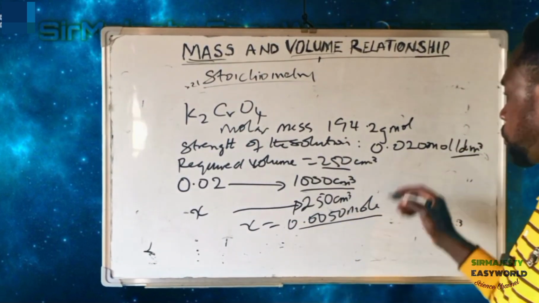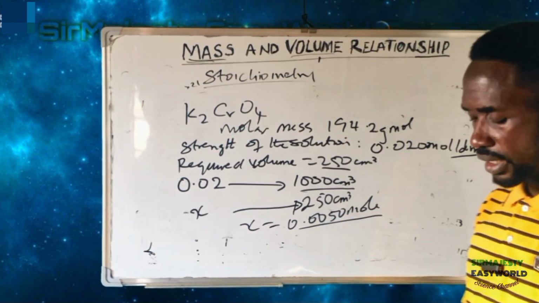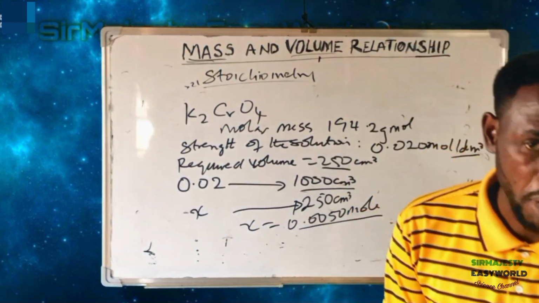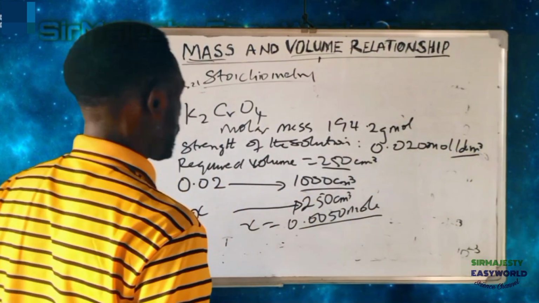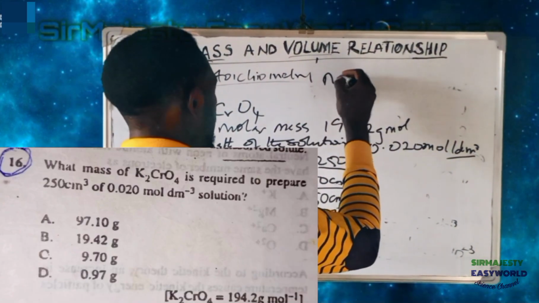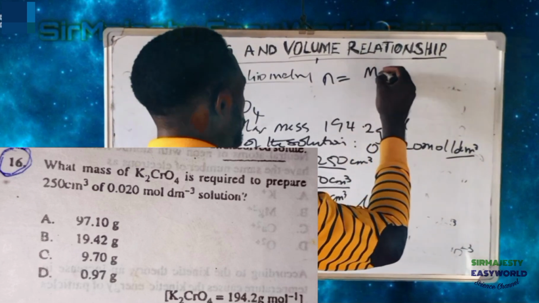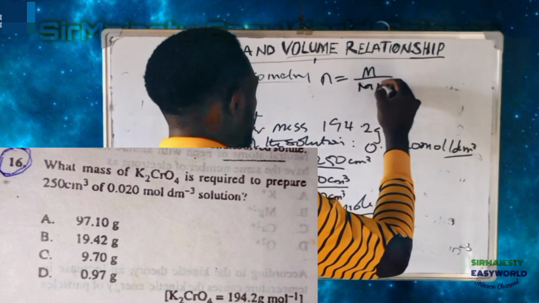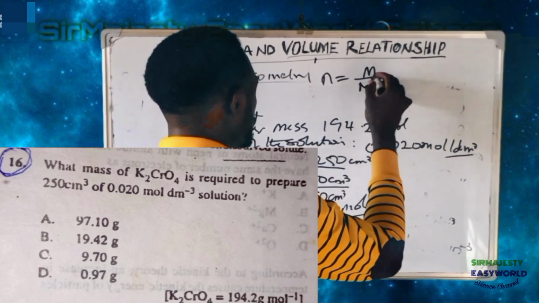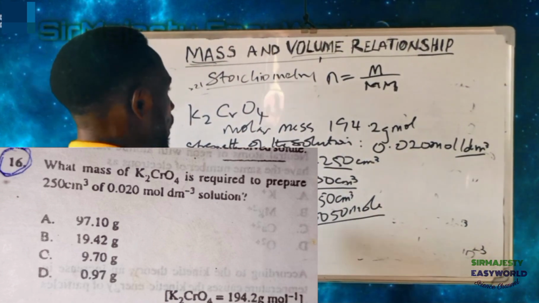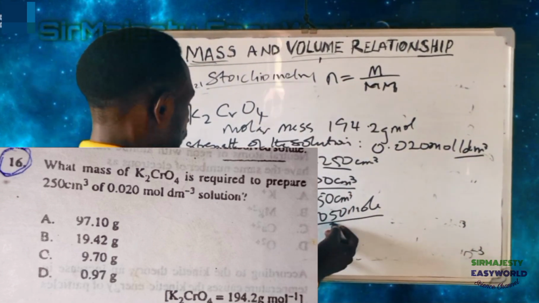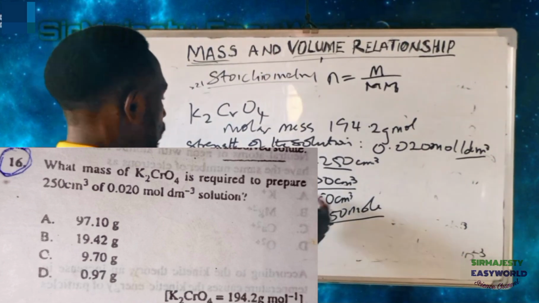So what we need is this mole. And simple, we are going to use the formula that says number of moles is equal to mass over molar mass. We want to know the mass because they say what mass is needed. Now we have seen the mole, we are looking for the mass to dissolve in 250.